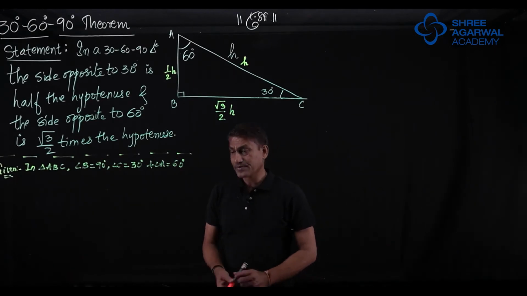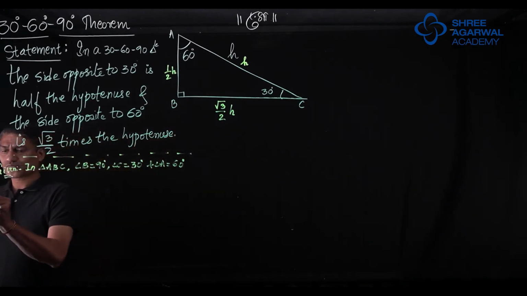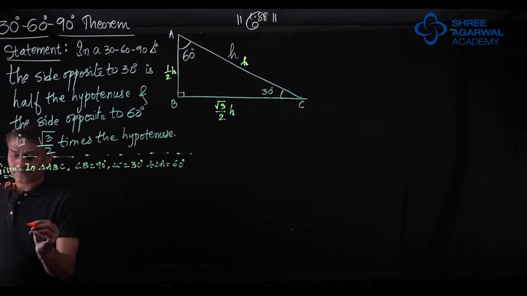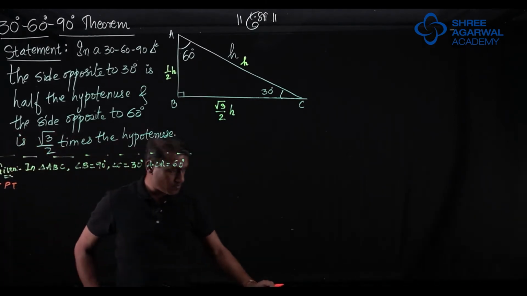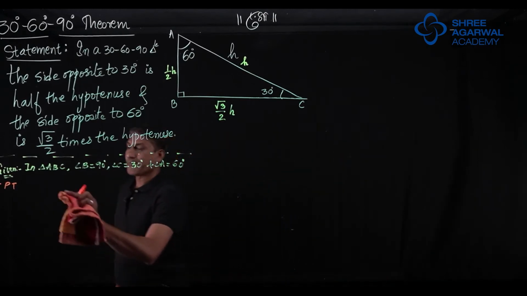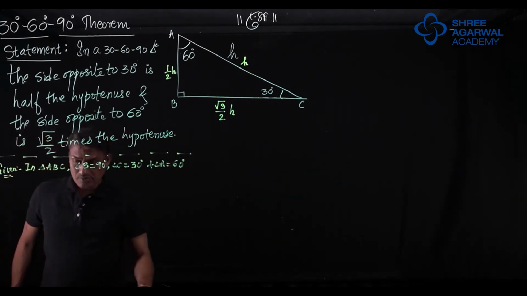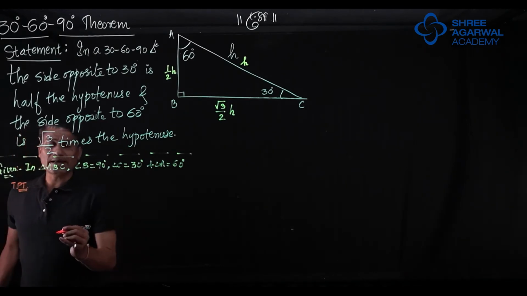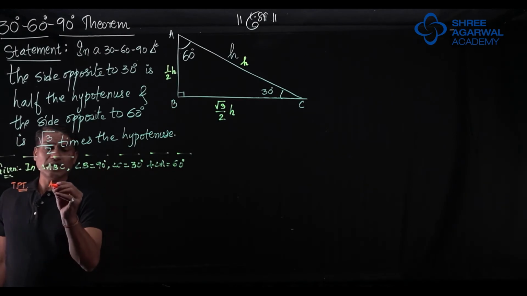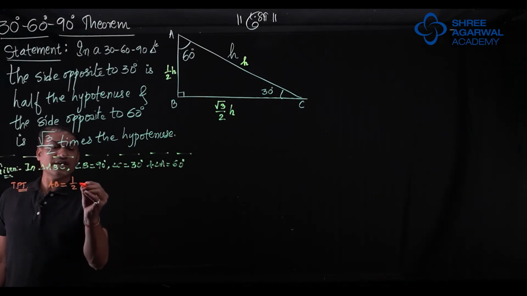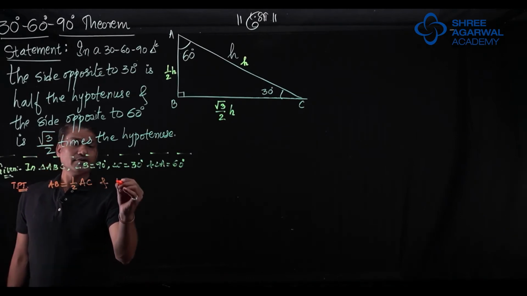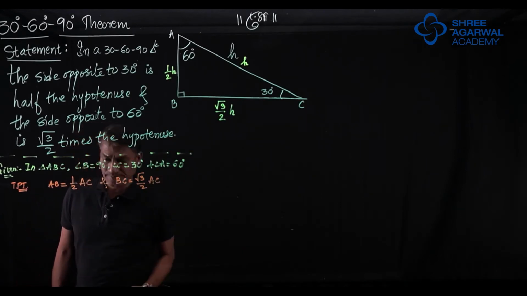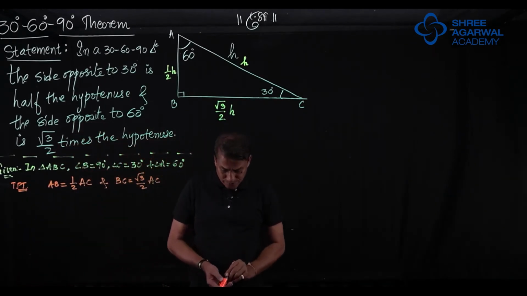To prove that AB is half of AC and BC is root 3 upon 2 times the hypotenuse. This is what we have to prove.